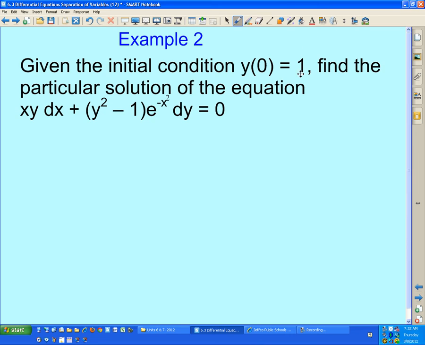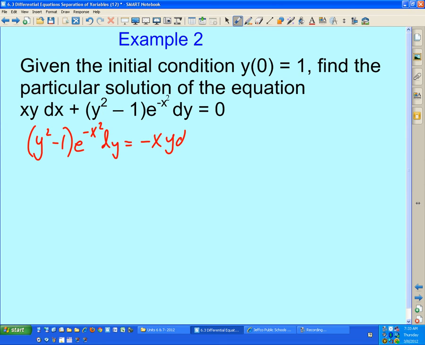go from there. So starting out, I'm going to move this 2x, or xy dx, across the equal sign by subtracting. And so I'm really left with y squared minus 1 times e to the negative x squared dy equals negative xy dx.